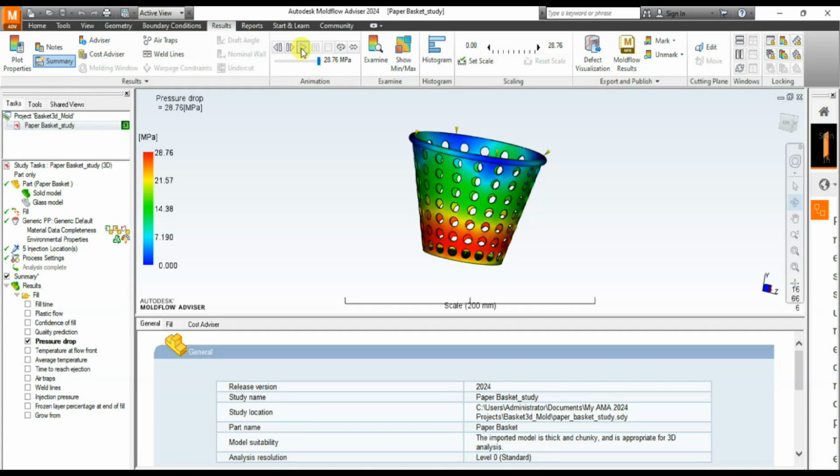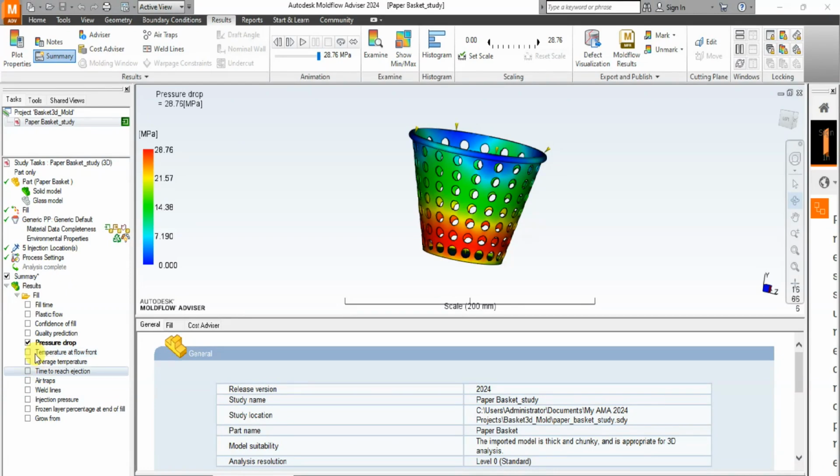They affect the confidence of fill, which of course holds the probability of overall quality of the parts. Now you may also need to adjust both processing conditions before an acceptable confidence of fill is determined. So that's also about the pressure drop.